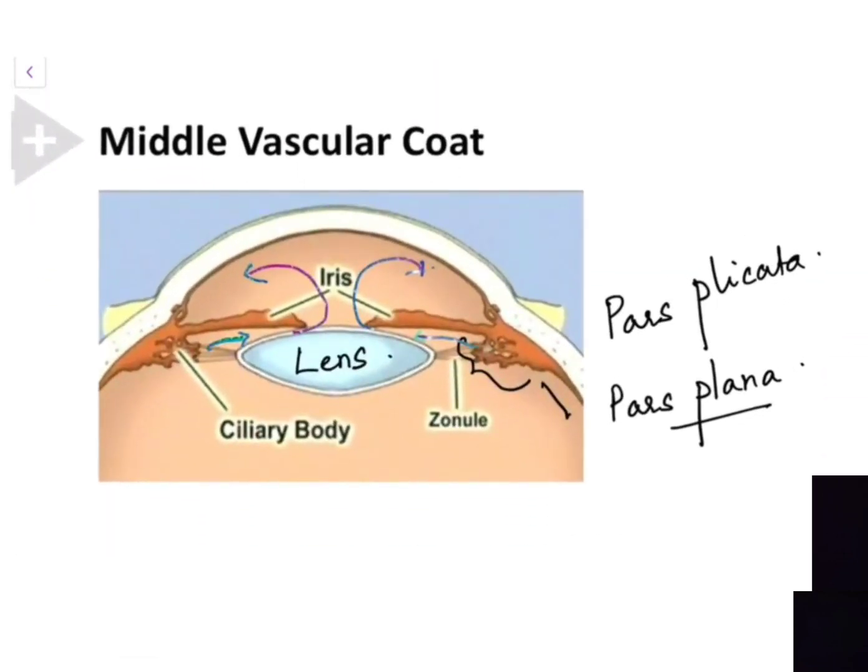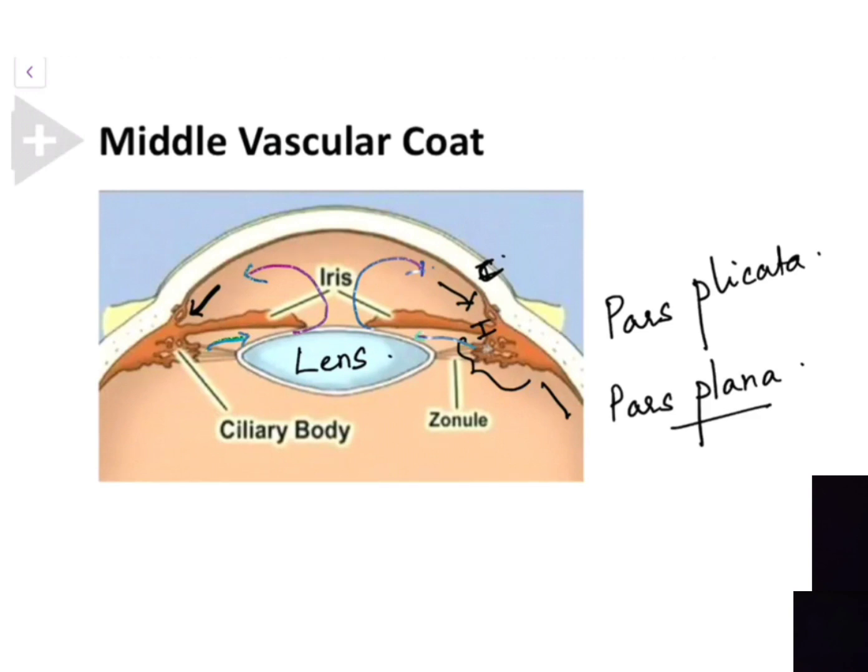See, this aqueous humor is draining out after being produced from the ciliary body. It is passing through the pupil, coming in front, and then ultimately draining out through this wedge between the cornea and the iris. So this space between the cornea and the iris is called the angle of the anterior chamber, and that is where the aqueous humor drains out.